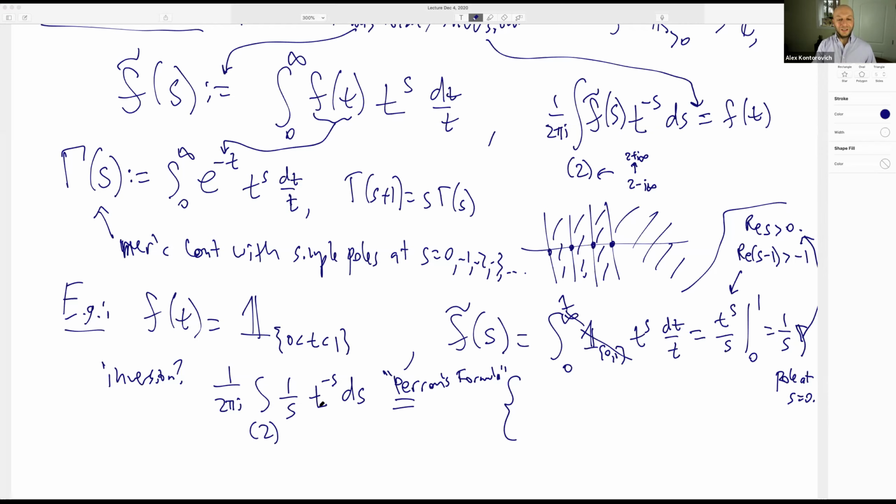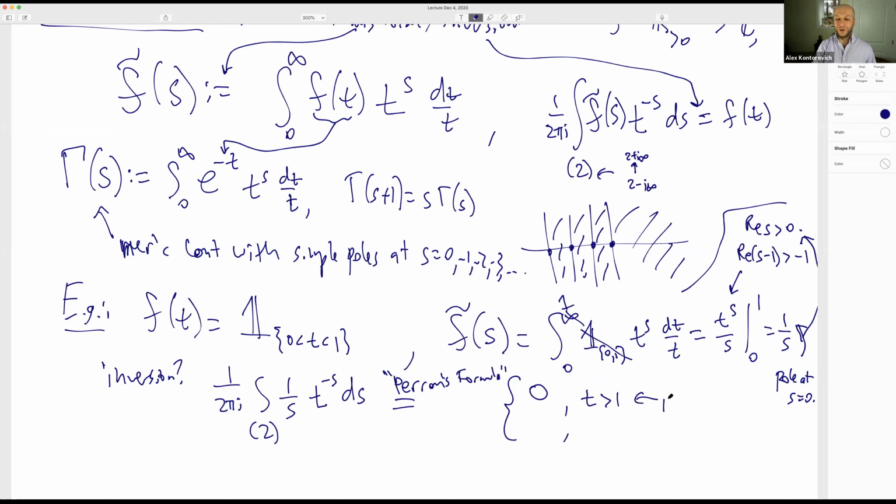But you remember what we did? If t is bigger than 1, then if I pull the contour to the right, this thing is going to 0. And there are no poles.